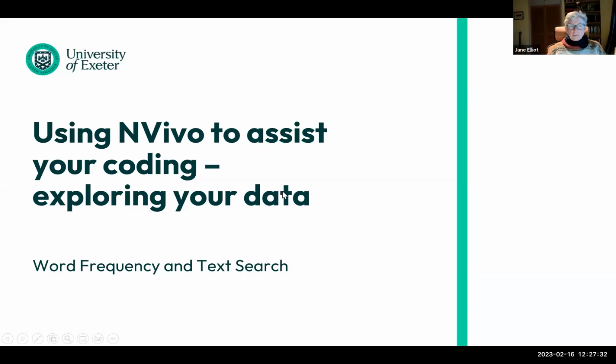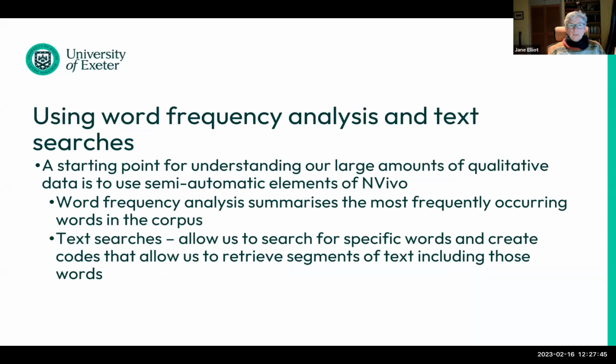So moving on to think about coding, and then in the final part of the webinar, I'm going to be talking about doing crosstab queries as a way of really analysing your data and bringing the qualitative and the quantitative together. The way that I would start, and that I have started in the past, to do my analysis and my coding is to use a word frequency analysis and then use that to lead me into doing very specific text searches.